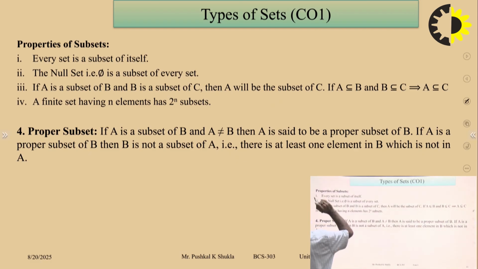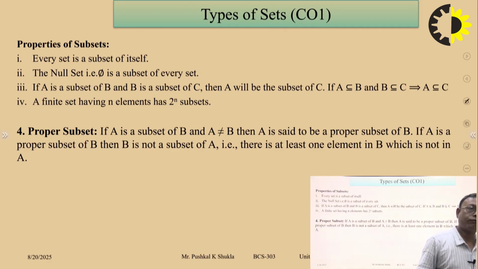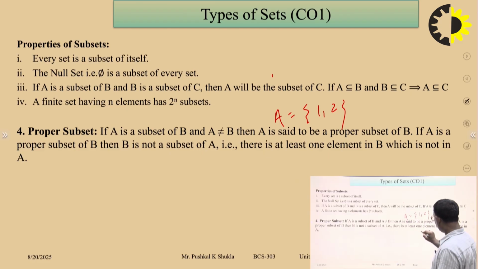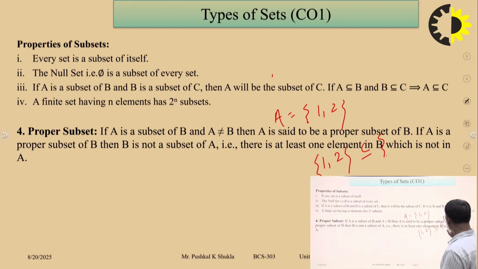Properties of subsets. First property, every set is a subset of itself. Suppose A equal to {1, 2}. So {1, 2} is a subset of {1, 2}.